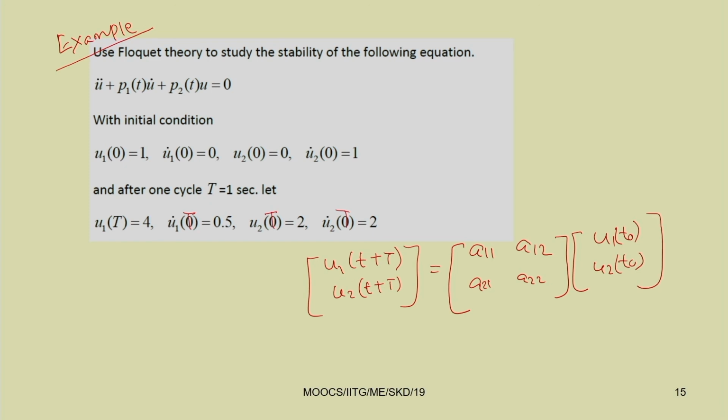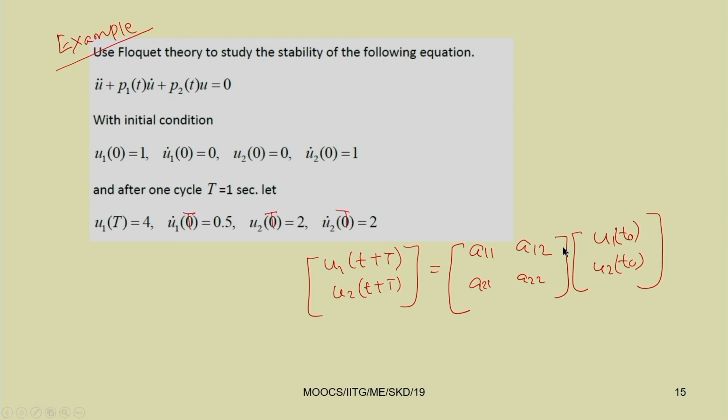All the things have been given to us, so we write u1(t+T), u2(t+T) in this way. By differentiating these equations, we can write down the equations again, and from that we can find a11, a12, a21, a22.